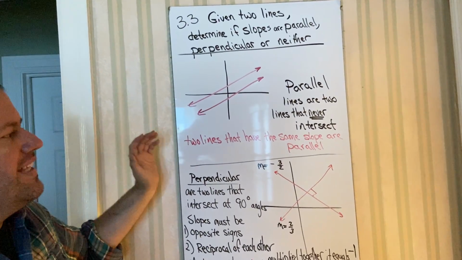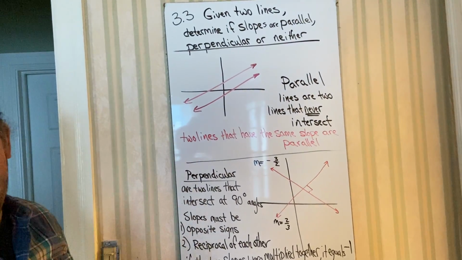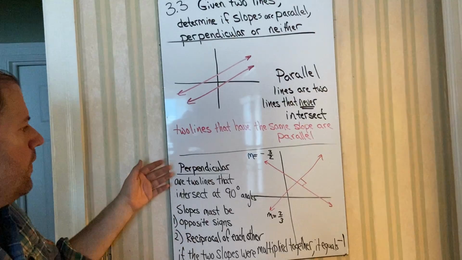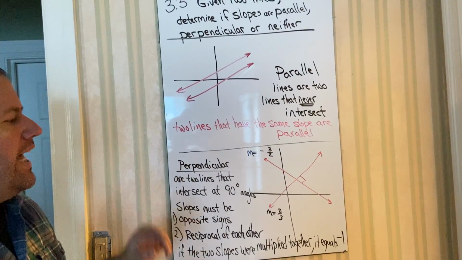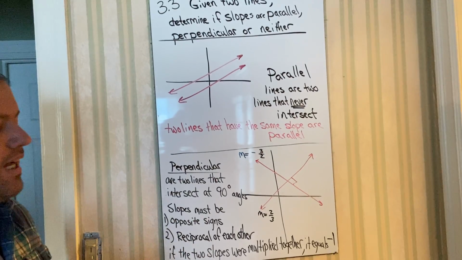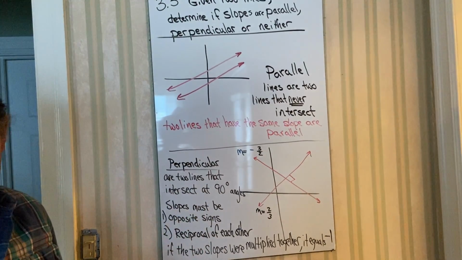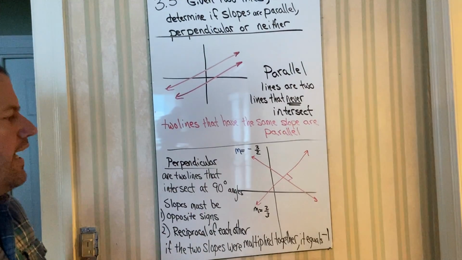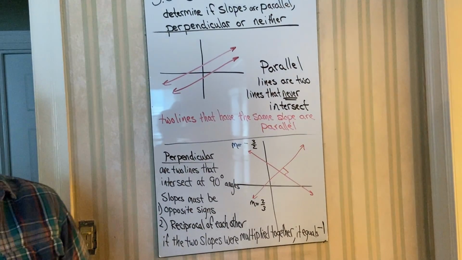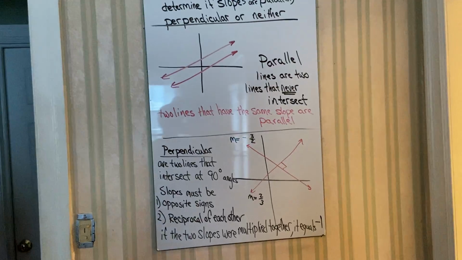They will have the same slope, identical. Same sign, same number. For perpendicular, you have to have two slopes with opposite signs, one positive and one negative, and they have to be reciprocals of each other. Any other type would be considered neither.